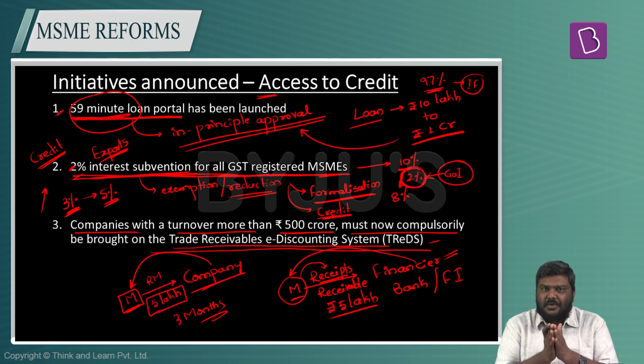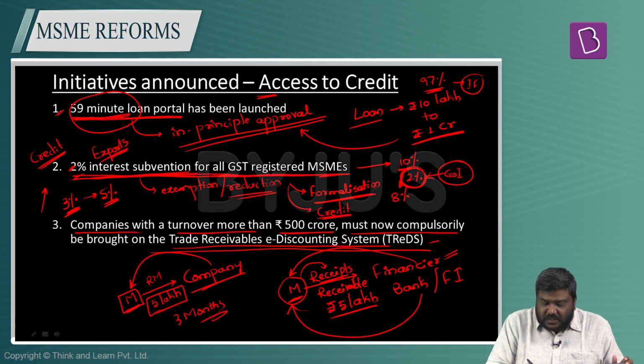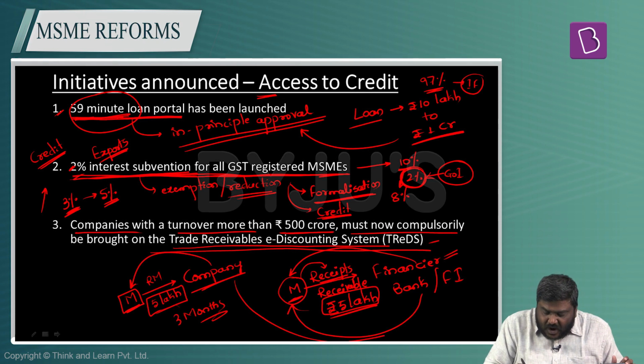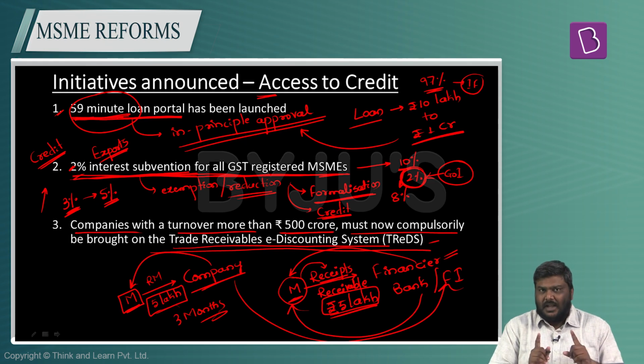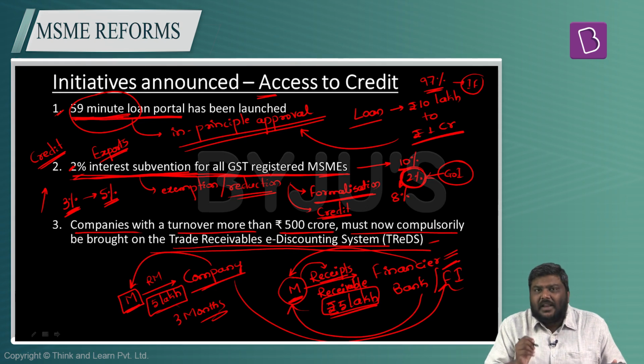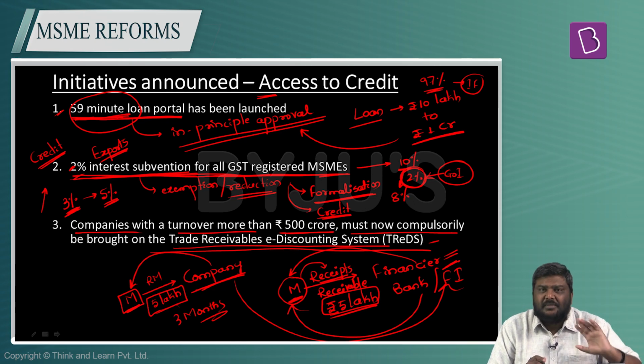In simple terms, the process is that this micro enterprise says, pay me the amount today and you will receive this 5 lakh rupees from this company after 3 months. I'll repeat the statement. Once the agreement is entered into, this financial institution will give the discounted amount to this micro enterprise today itself, and will receive 5 lakh rupees from the company after 3 months.